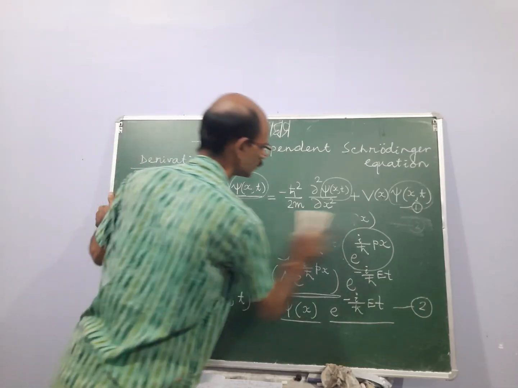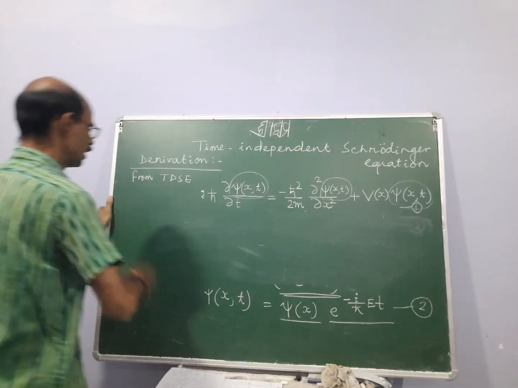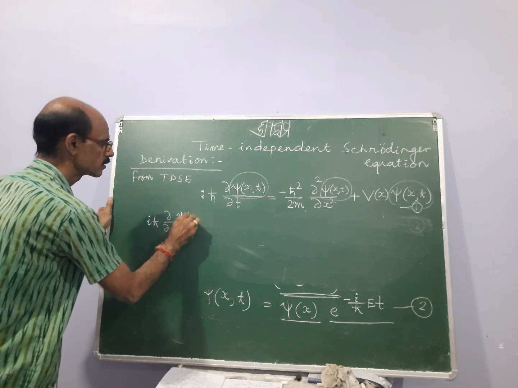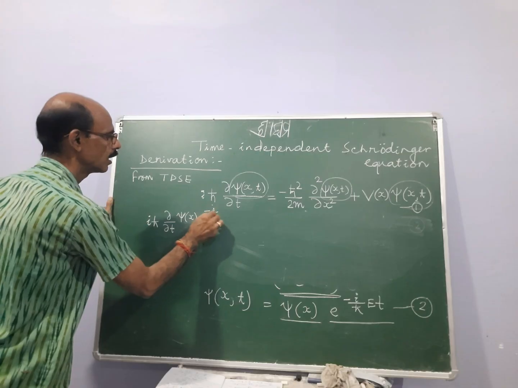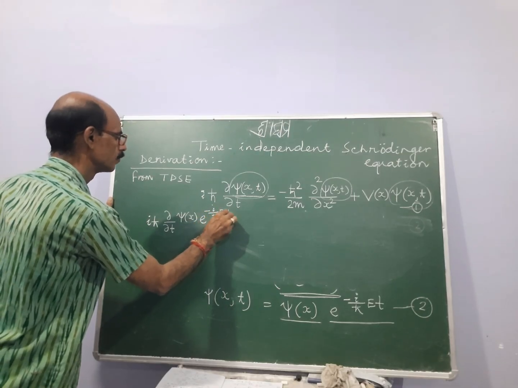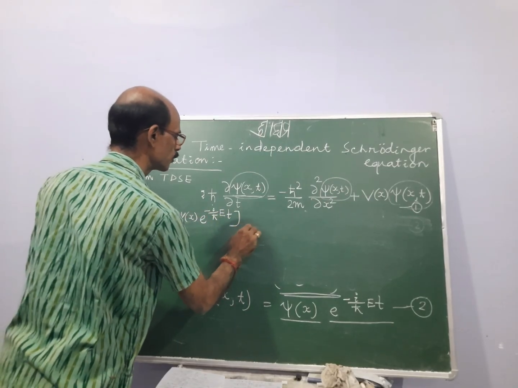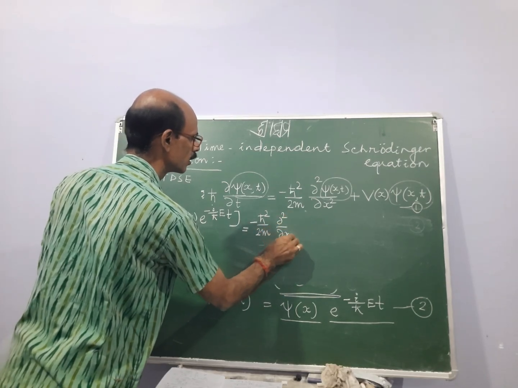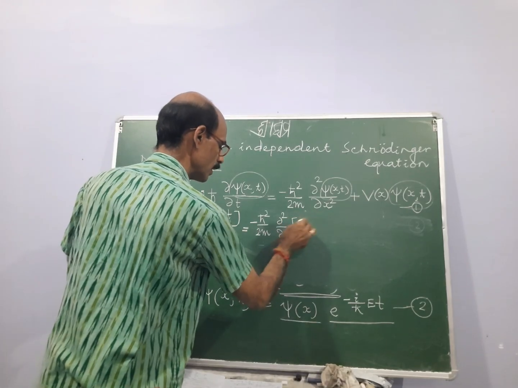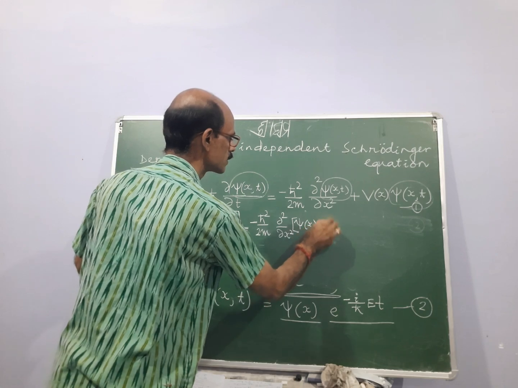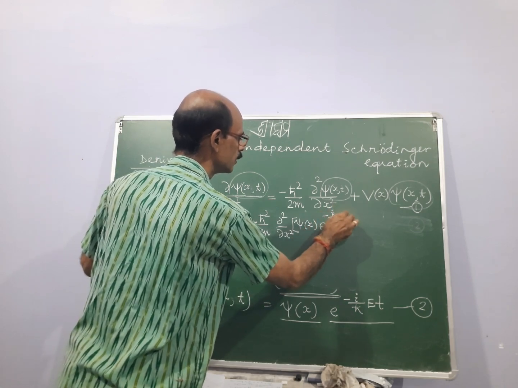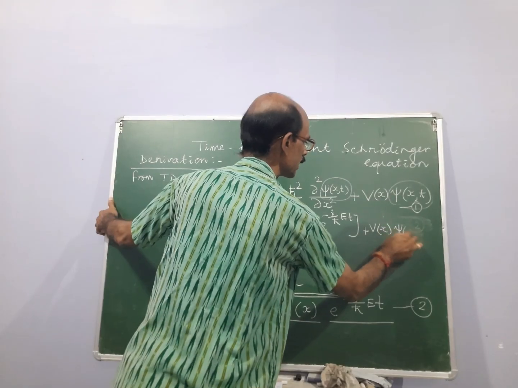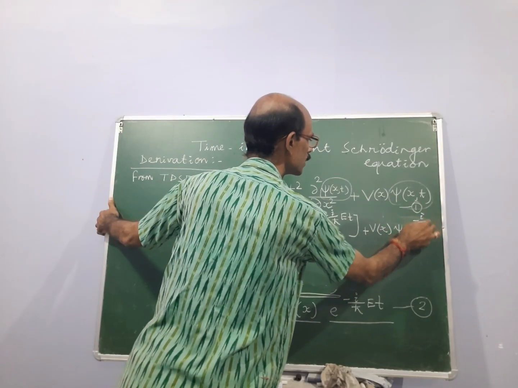Then we will obtain i h cut del by del t of psi x exponential minus i by h cut E t is equal to minus h cut square by 2m del square by del x square of psi x exponential minus i by h cut E t, plus V x psi x exponential minus i by h cut E t.